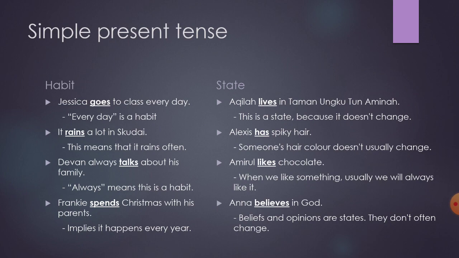Alexis has spiky hair. You can see the explanation down there. And then the third one is Amirul likes chocolate. When we like something, usually we will always like it. For example, I know my students, they like English very much. And then the last one is Anna believes in God. Beliefs and opinions are states, they don't often change.